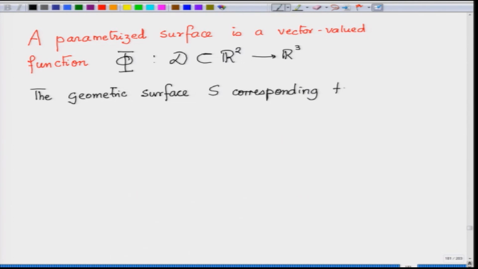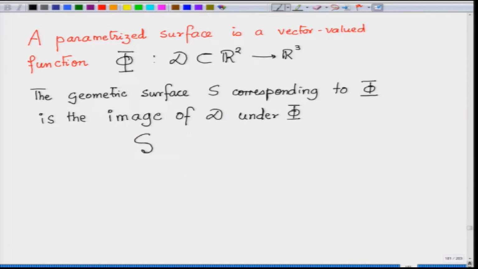So, basically S is the image of D. And phi of (u,v), where (u,v) are some points on the domain D. So, (u,v) belongs to D. If you take a point (u,v) on the domain D, it will give me a point on the surface, and if you change the (u,v), it will give me a different point.